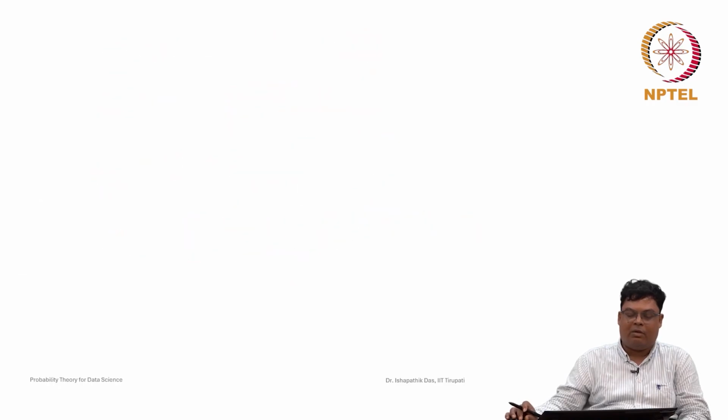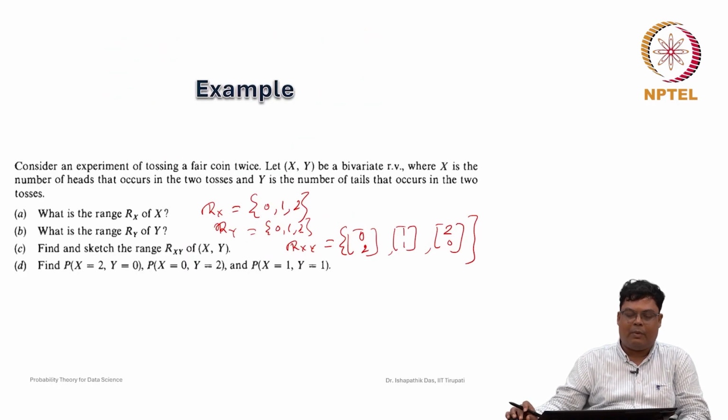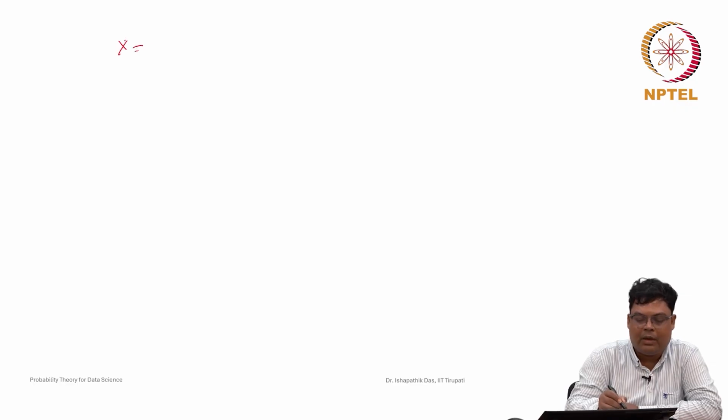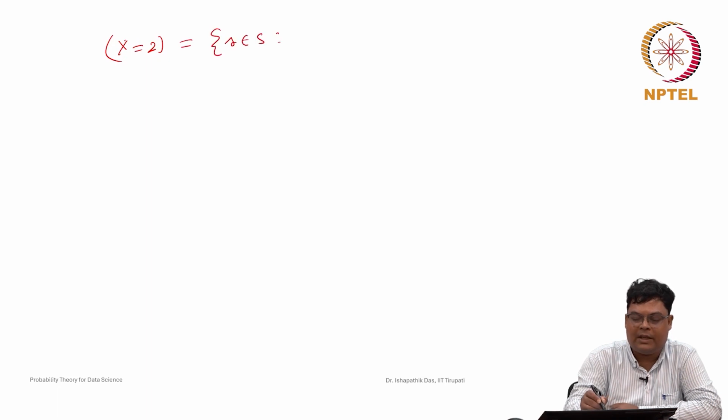Let us first find the probability of X equal to 2, Y equal to 0. We have already discussed the notation X equal to 2: it is the set of all s in the sample space S such that X(s) is equal to 2, and Y(s) is equal to 0.